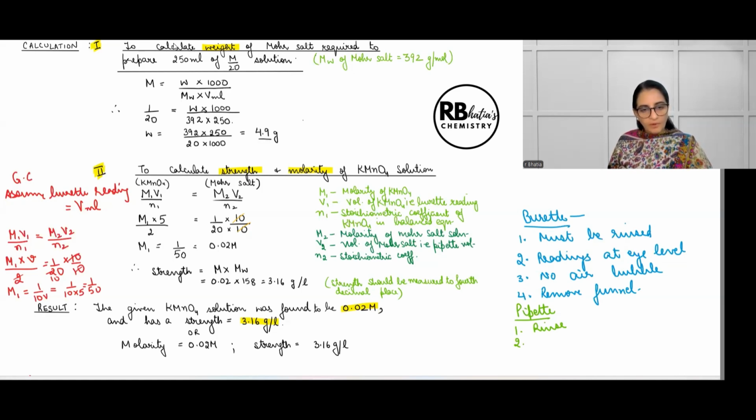Take a small amount of the liquid and pour it so that the inner walls of the burette or the pipette get coated with the liquid that you're going to finally pour into it. This is to avoid any errors. Videos on this have been uploaded, and in the detailed videos on volumetric analysis, I've explained all this. I'll post the links. I won't discuss all this again here so that this video doesn't become unnecessarily long.